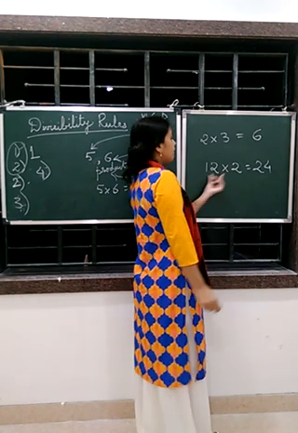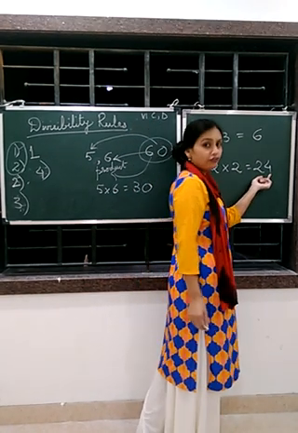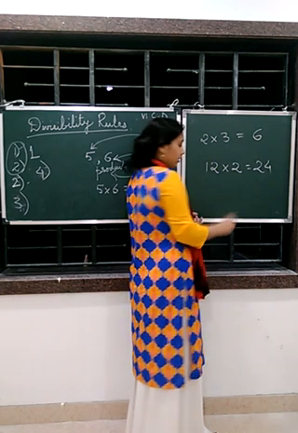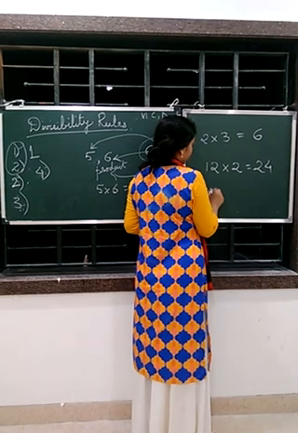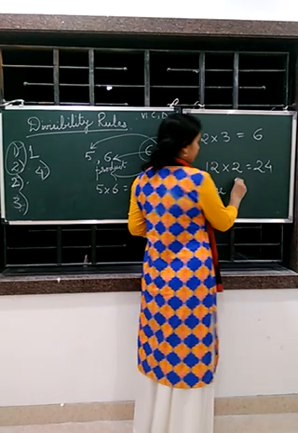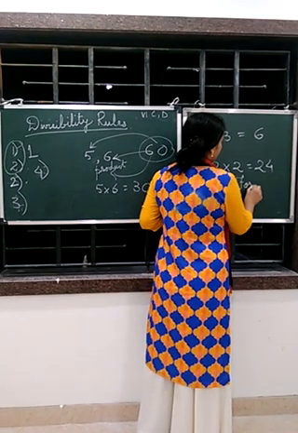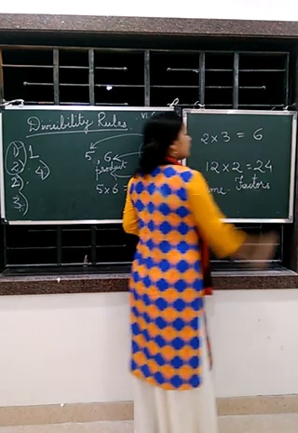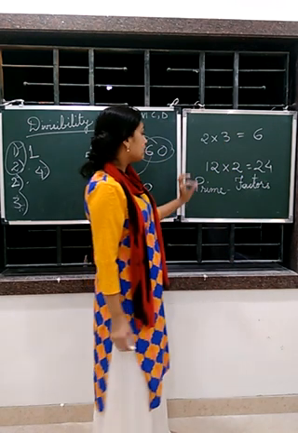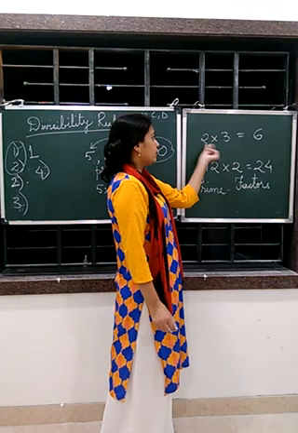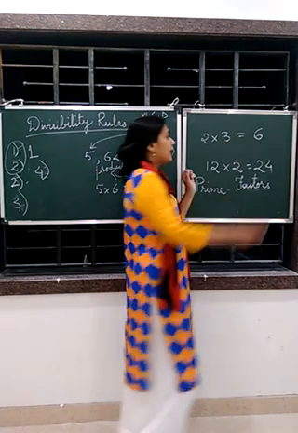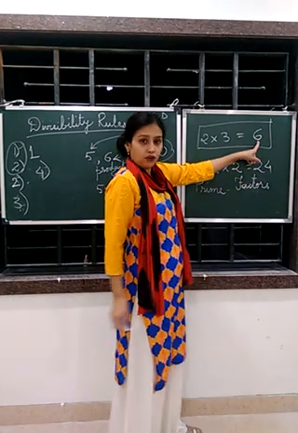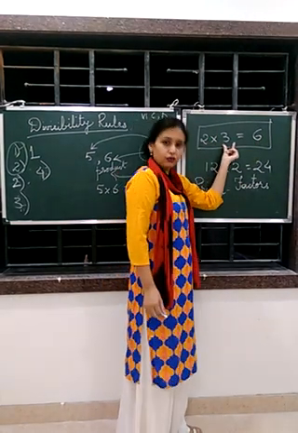So 12 and 2 are factors of 24. This is what we studied. But now we are adding one more thing before the term factors, that is prime. That means the factors should be prime. So here 2 and 3 both are prime. That means the prime factorization of 6 is 2 into 3.